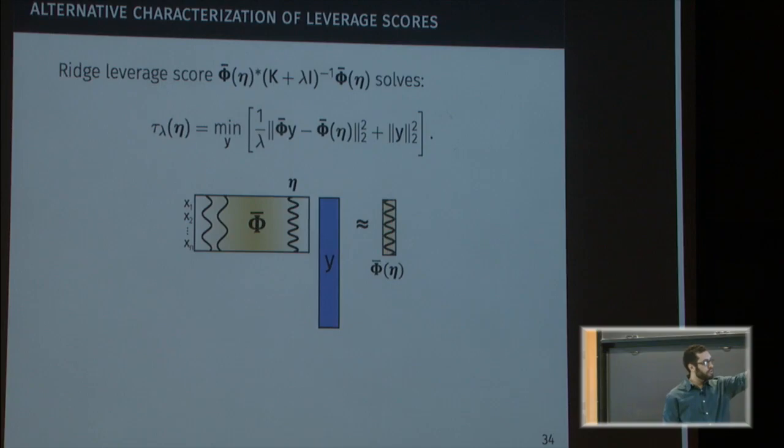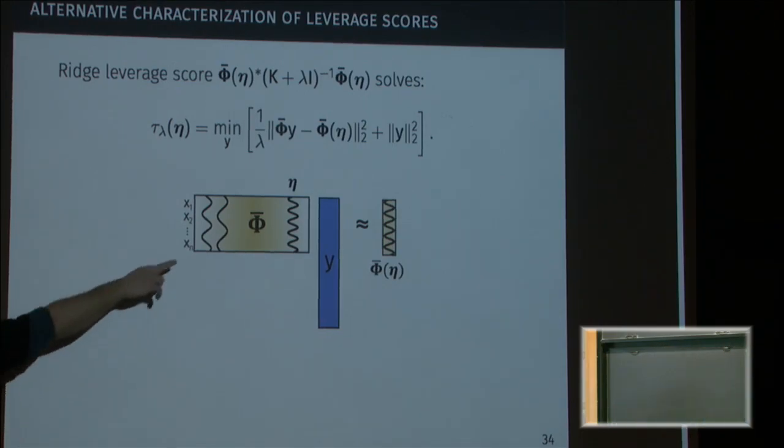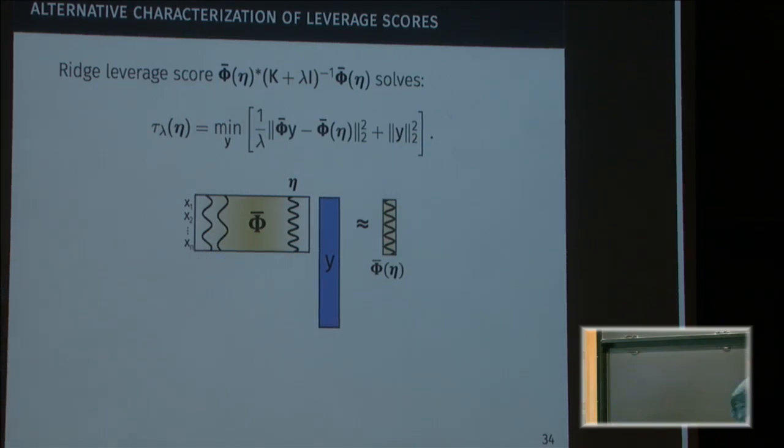I take my matrix phi bar, which was my factor of K, and I want to produce some vector y that recombines columns in phi bar to get as close to phi bar of eta as possible. So I'm talking about the leverage score for this column corresponding to frequency eta. I'm trying to find the vector y that reproduces that column from all of the other columns in the matrix.